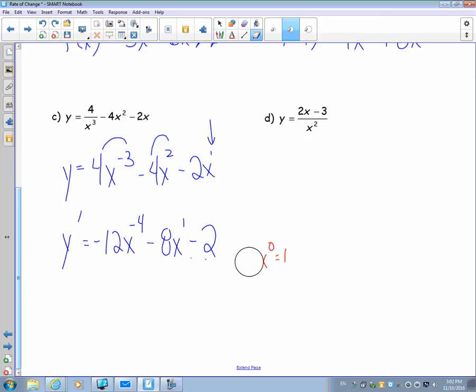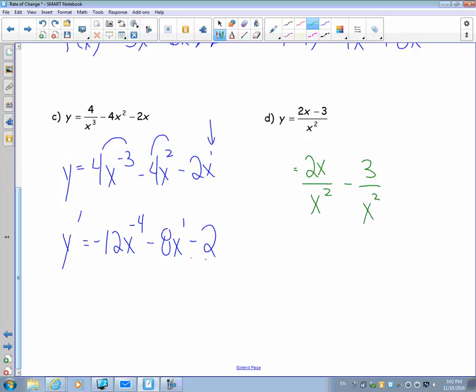All right, last one. This one, again, I see that problem I had a second ago, the letter on the bottom. But I can't just bring it up to the top the way it is, because it's got more than one piece on the top. So I actually need to work with this fraction a little bit first. So the first thing I'm going to do is rewrite it as two separate fractions, as in the common denominator, right?